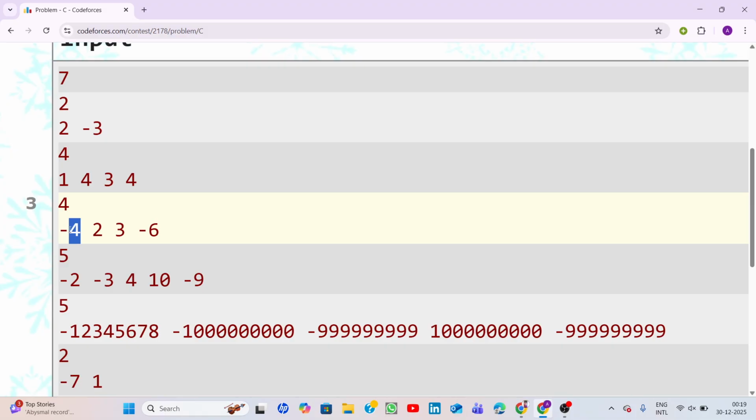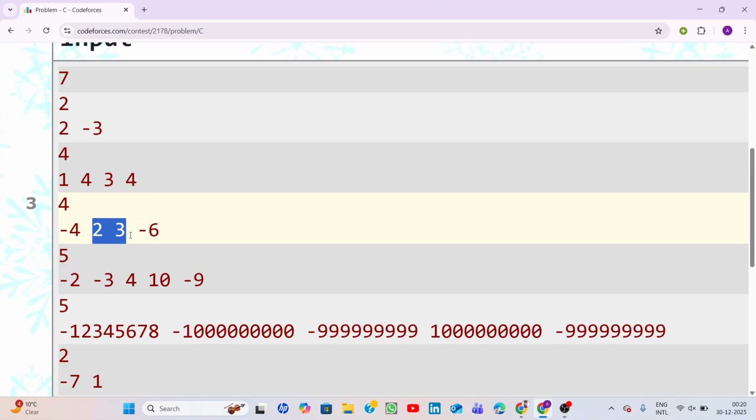Same as when the first element is negative. Here, if the first element is negative and we remove this element, then definitely it will create a negative effect in my answer. And if a negative number comes in front, we could remove that negative number, and it would create a positive impact on my answer.